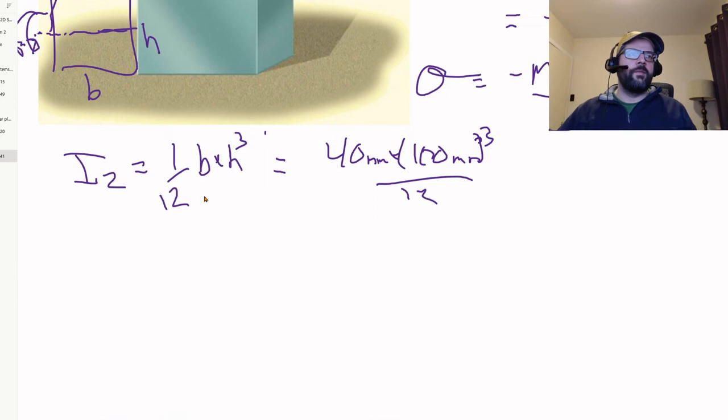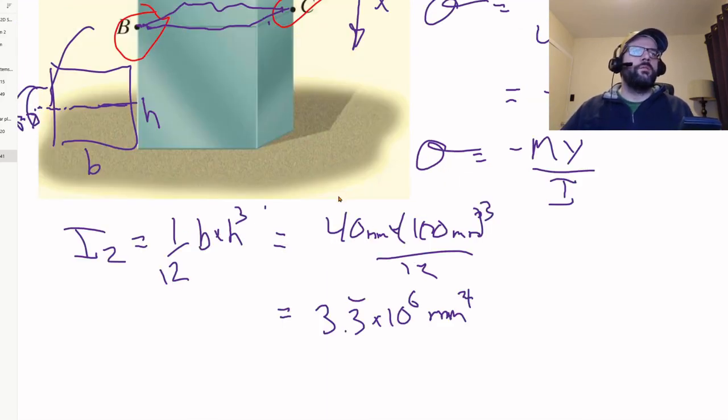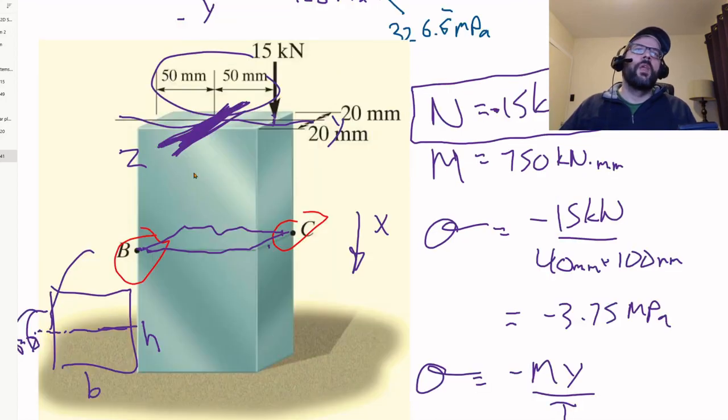That gives us an I value of 3.3 repeating times 10 to the 6 millimeters to the fourth. Okay, so we've got that.